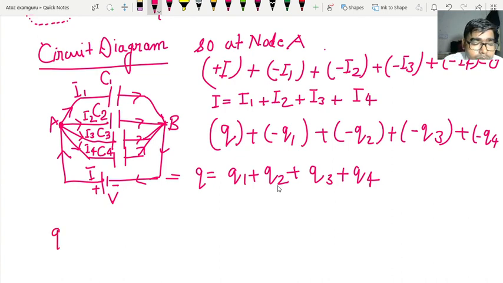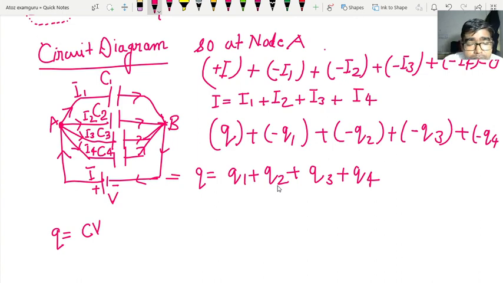And you know very well that Q equal to what? C into V. C denotes the capacitance of that particular capacitor, and V is the total voltage. The voltage in a parallel circuit is the same across each and every element, so the voltage is the same across C1, across C2, across C3, and across C4.